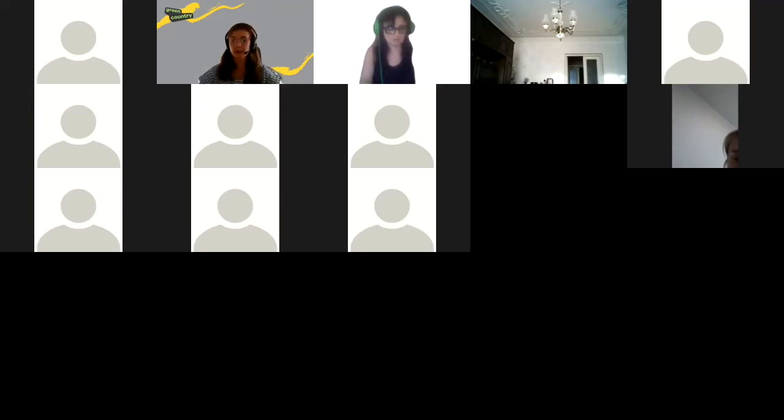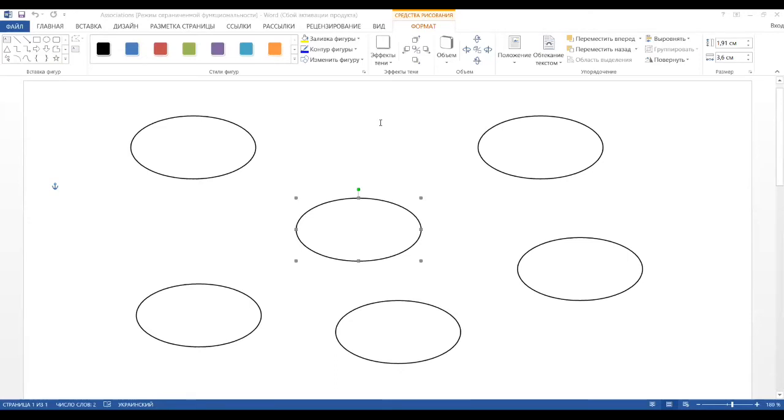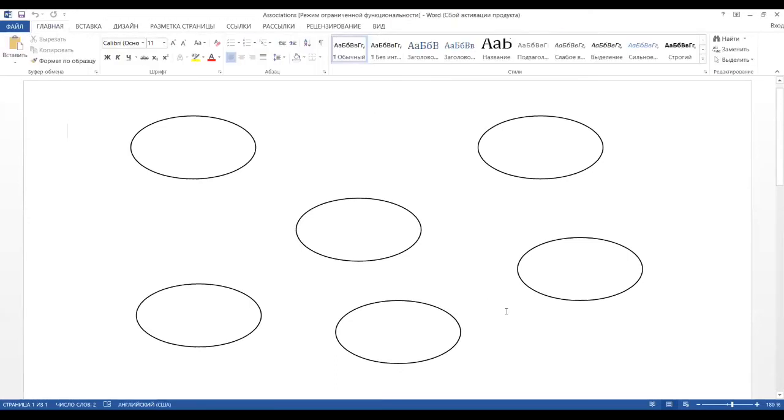Okay, guys, super. So now let's look at one more activity which I personally like, and I have used it a lot with different ages of students. I call it associations, but I don't know what it's really called. I give them a piece of paper, or it can be an empty piece of paper, and I ask them to write their name.